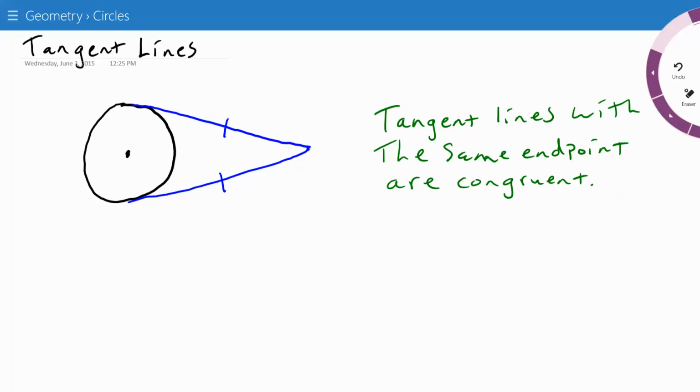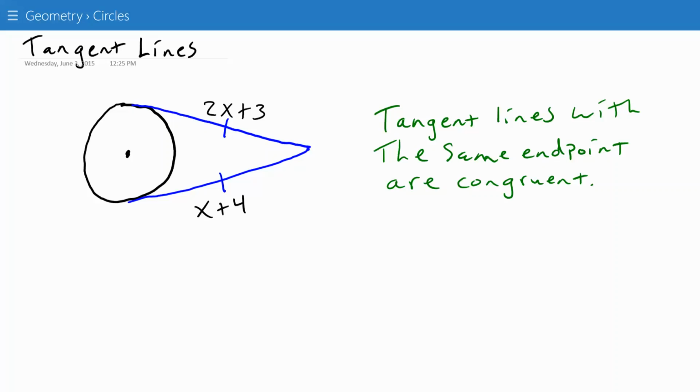Now let's say we have some values for each line, being 2x plus 3 for the top one and x plus 4 for the bottom one. Now if we want to find out what x is worth, then we can work this out because we actually know our tangent lines are congruent.